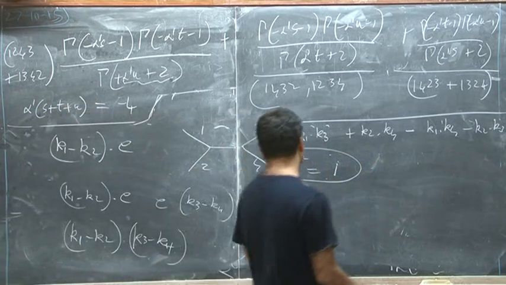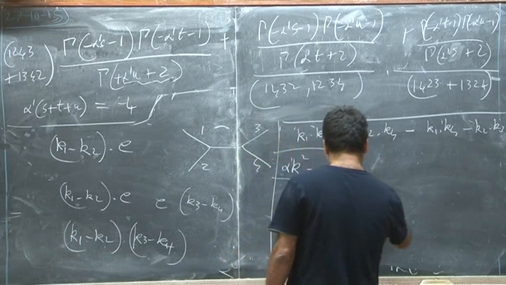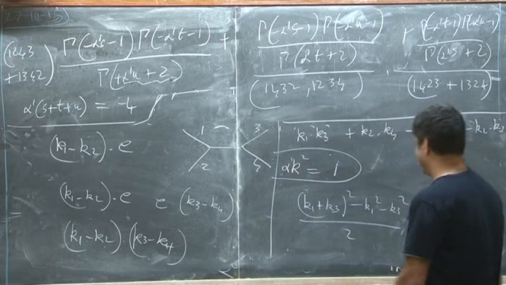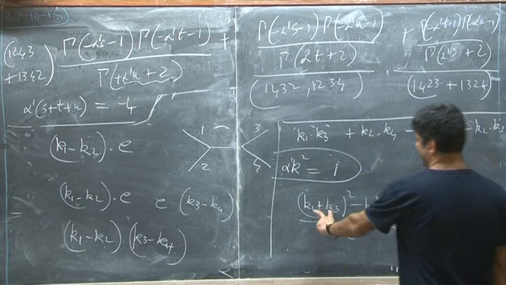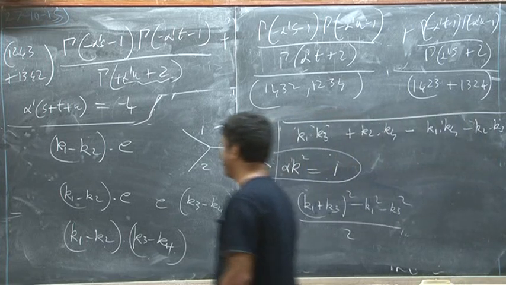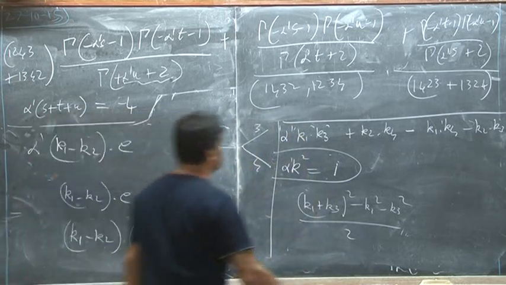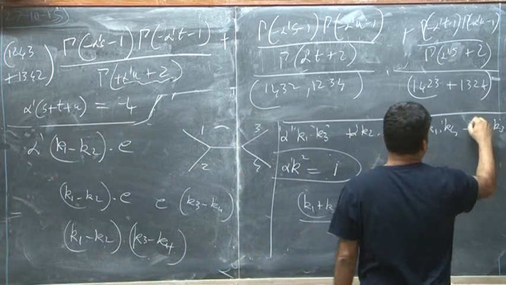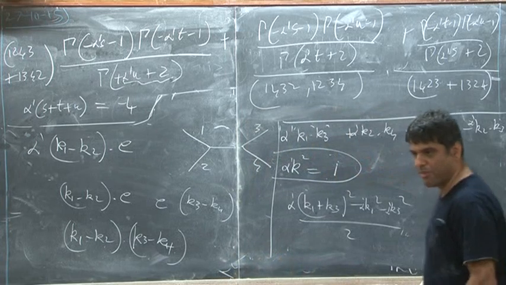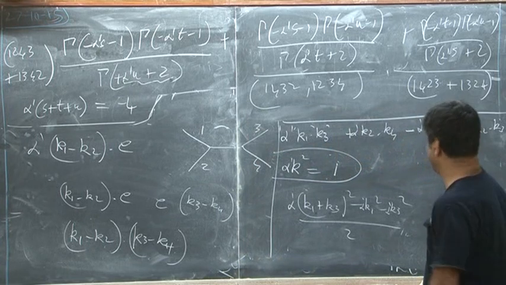Okay. So what we do is we process all of these as this is K1 plus K3, the whole thing squared, minus K1 squared, minus K3 squared, divided by 2. Okay. And this object here is just t. Let me just put in the right alpha primes. All of them would have been alpha prime. Well, I just have an alpha prime here.